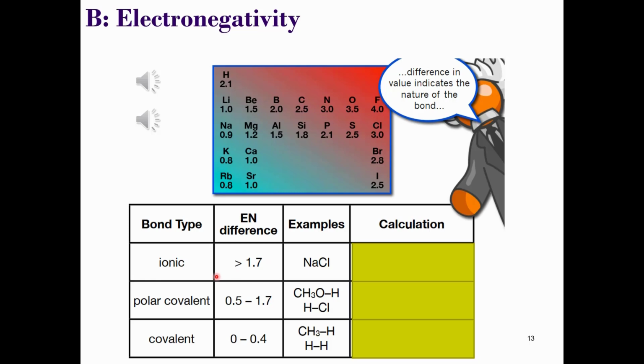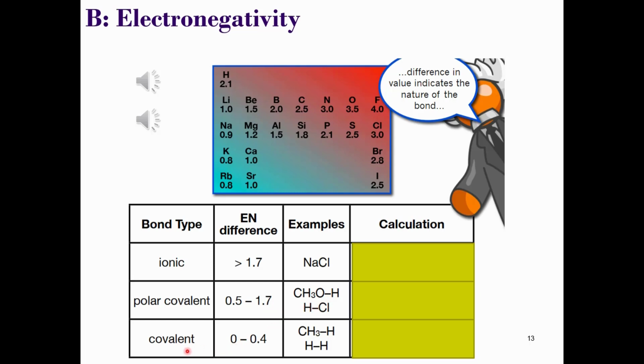In the second row, we have a polar covalent bond type whereby there will be an electronegativity difference of 0.5 up to 1.7. And typically, these will contain atoms in a bond where both of those atoms are non-metals.